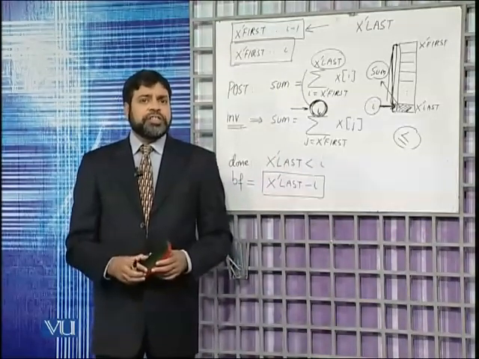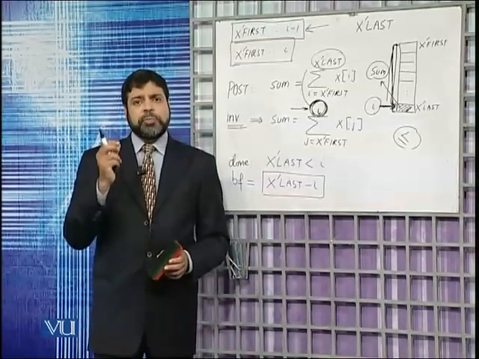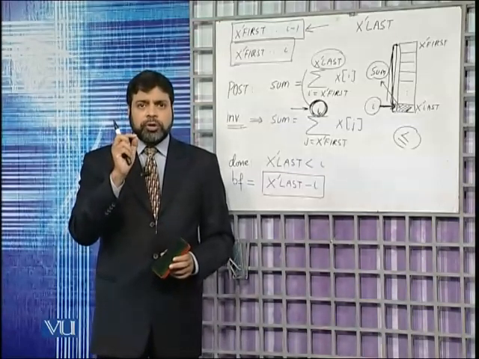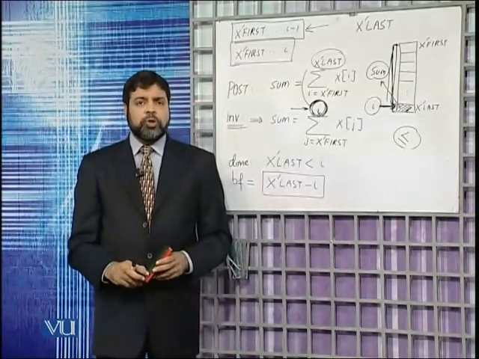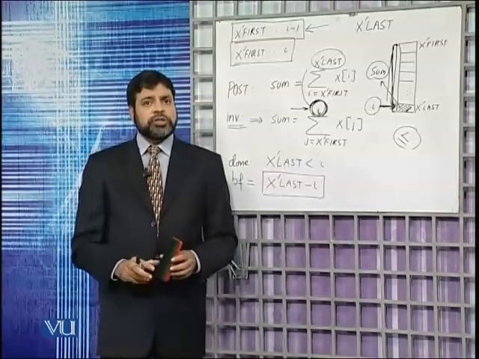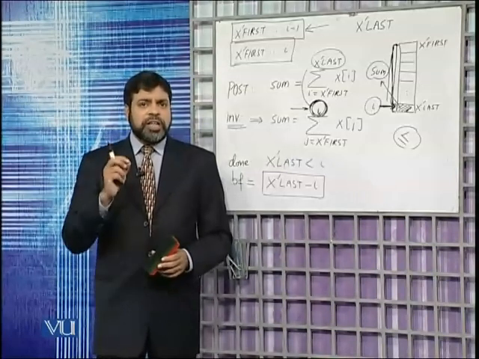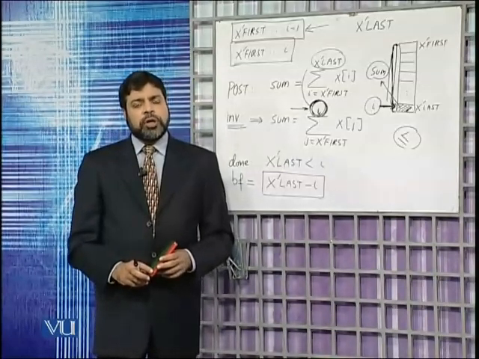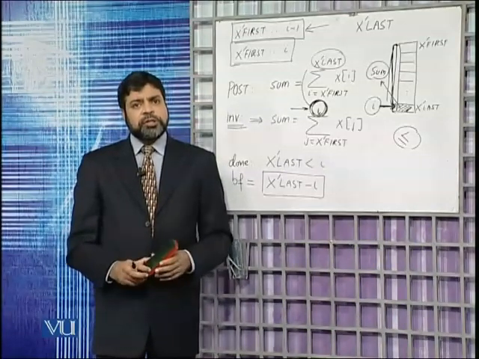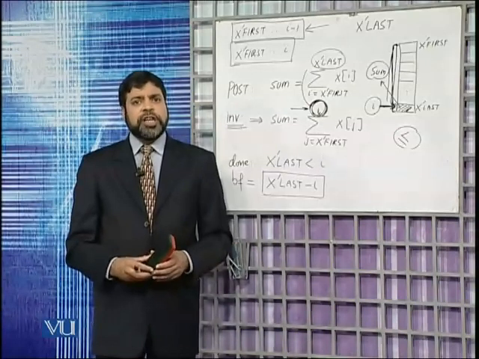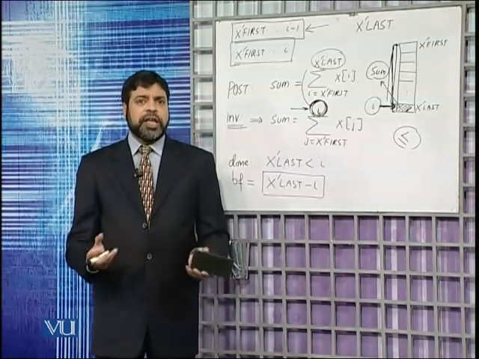Now, once that is done, you need to calculate the body of the loop. I'm not going to give you the body of this particular loop. This is a straightforward thing. Please go ahead and do it yourself. But there is another interesting point here. And that point is, what happens if there is nothing in the array?